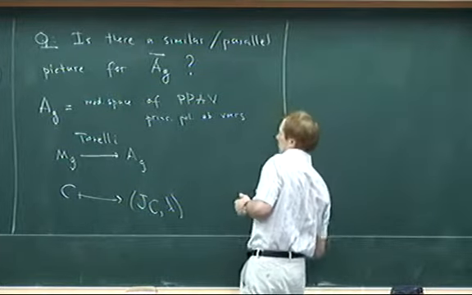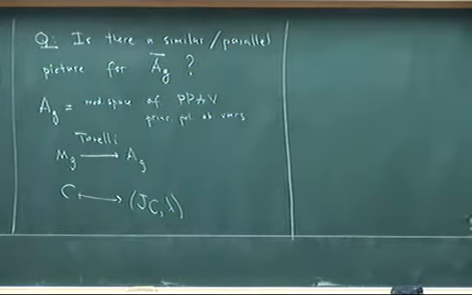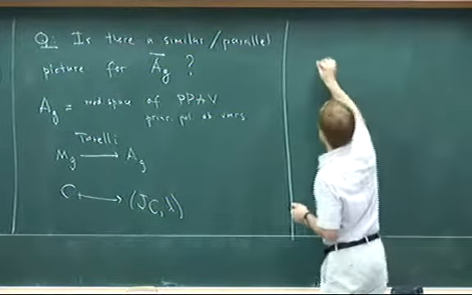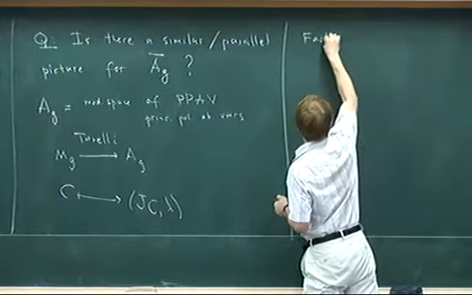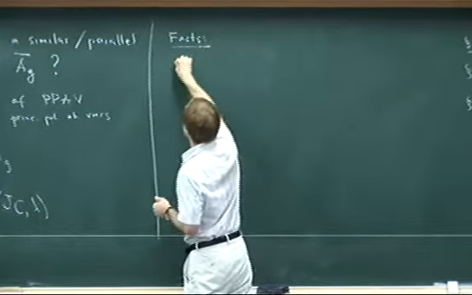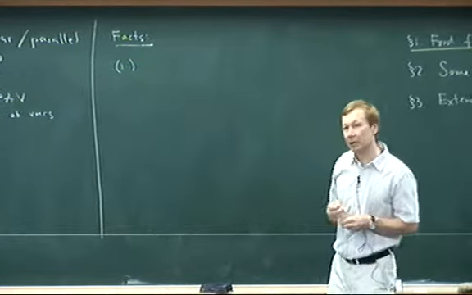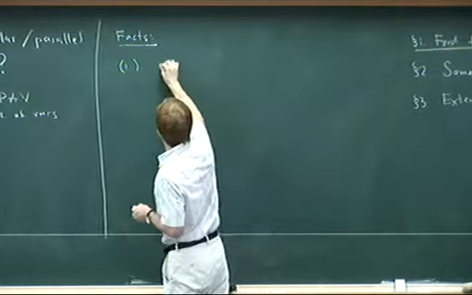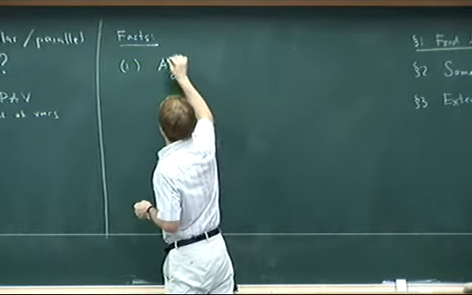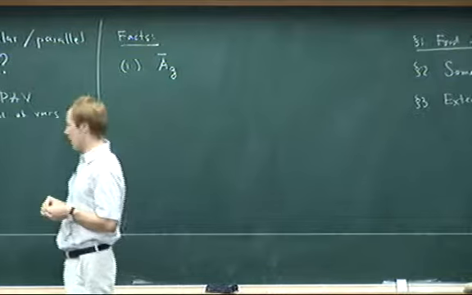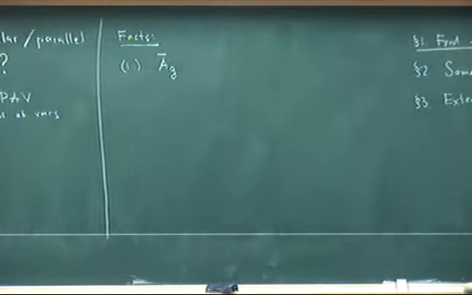And so what the beginning part for this story is the following two facts. One is that there is one particular compactification of A_g which is geometric, which is very analogous to M_g bar.